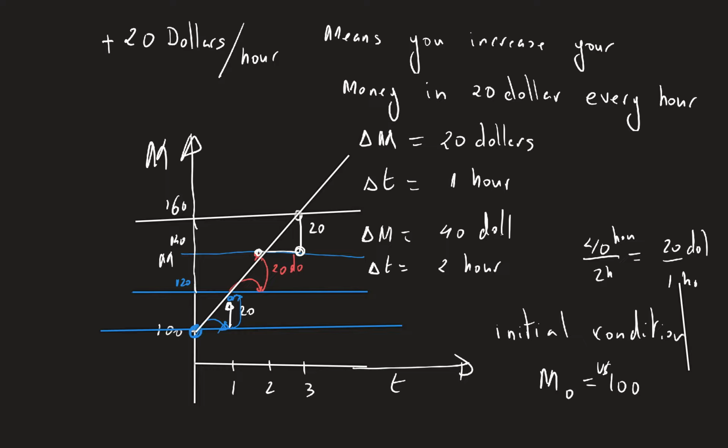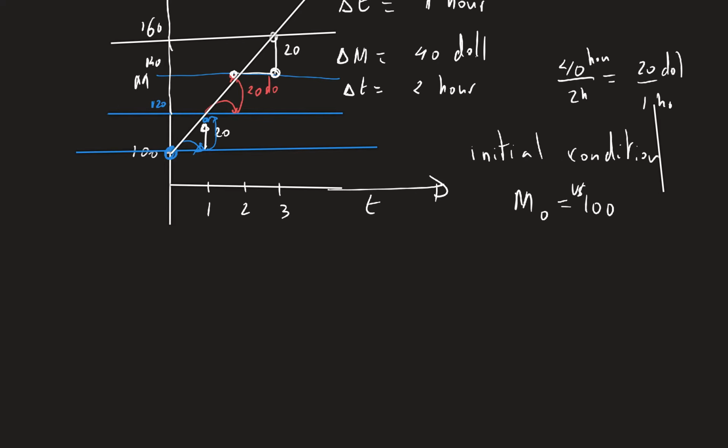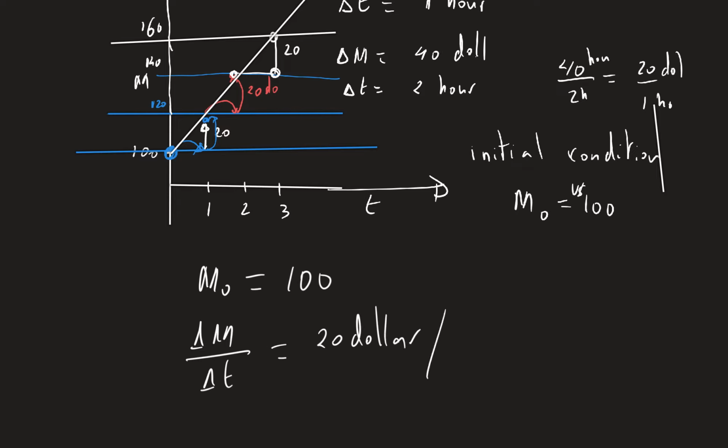Your starting money was $100, and the change in your money per unit of time is $20 per hour.